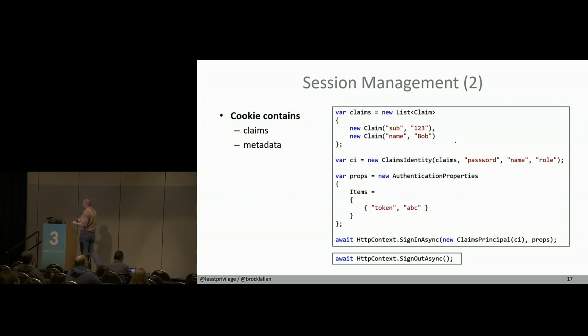Now when you issue a cookie with ASP.NET Core, the authentication cookie has the claims, which is the information about the user, but it also has this other section, which is like a dictionary, and you can put arbitrary other metadata in there. That's what this authentication properties is: you can stick whatever you want in this items collection. That will also get written to the cookie, okay? And then you can read that out later for whatever you might need.